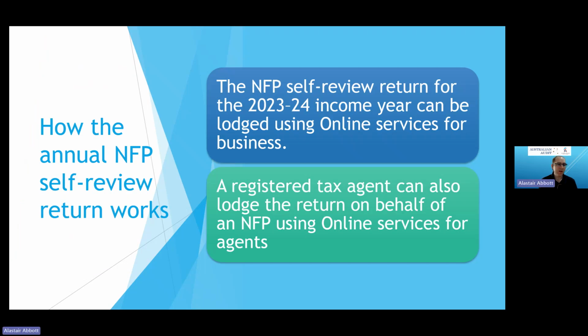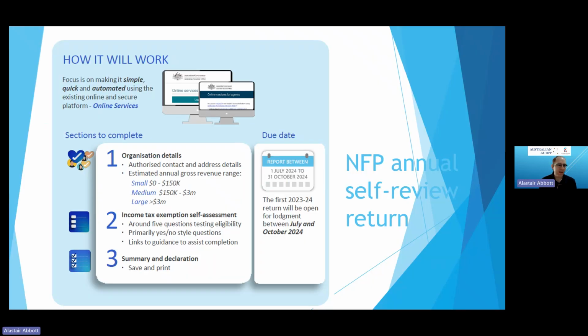And as I've highlighted, it needs to be lodged using Online Services for Business or by appointing a tax agent who can use their Online Services for Agents to lodge this return. In a sense, the ATO has said there are going to be 3 sections in the return. I'll go through in a little more detail what they are, but if you're hearing this and thinking it's a bit scary or concerning, essentially you're going to have one question that says, tell us a little bit about your organisation and tell us if you fit into the small, medium or large category.